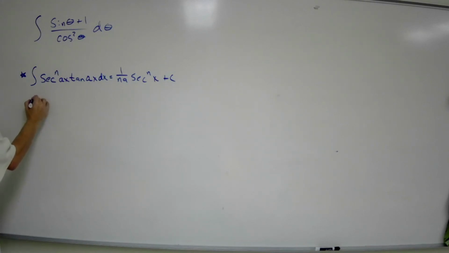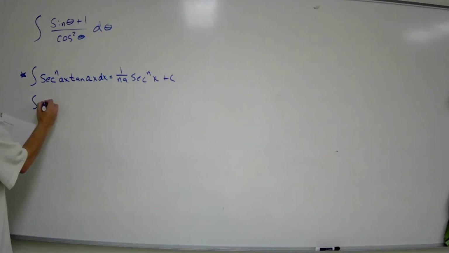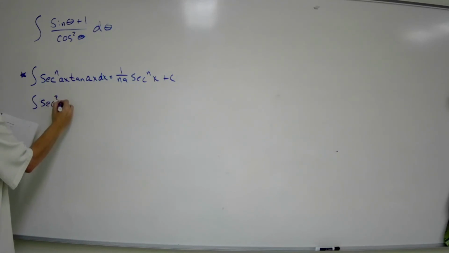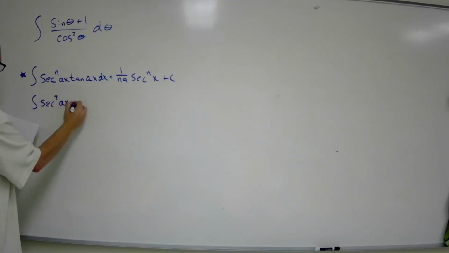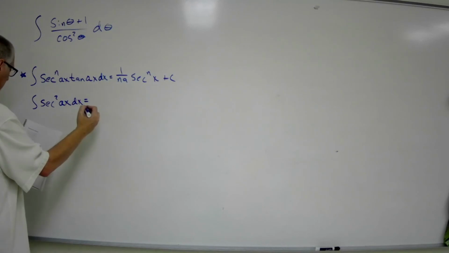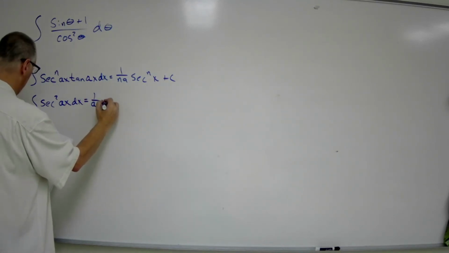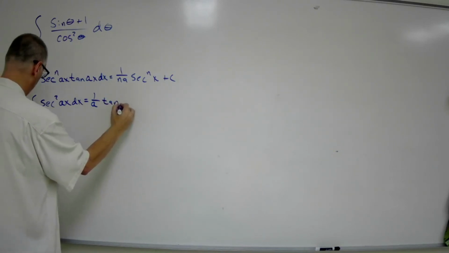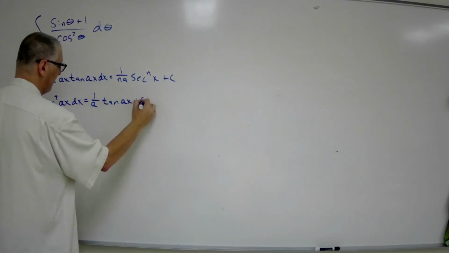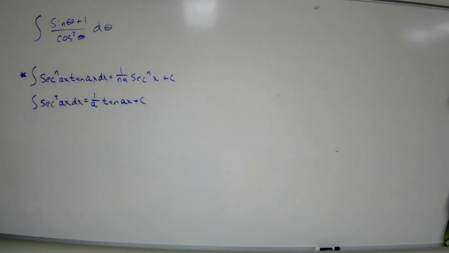I also think you're going to need the integral of secant squared ax dx equals 1 over a tangent ax plus c. I think you're going to need those two integrals on that one.